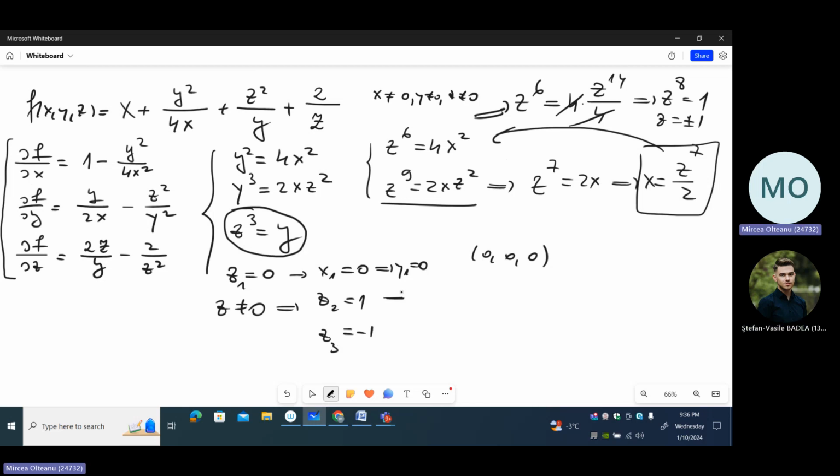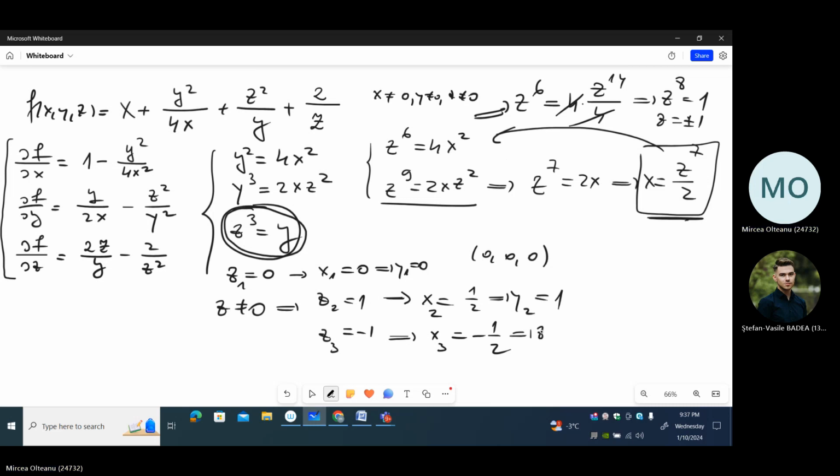Consequently, if z is 1, x equals from here 1 over 2, x2. And if z is minus 1, x3 is minus 1 over 2, because here we have z to the 7. And finally, y. So z equals 1, x equals 1 over 2, y is z to the 3, so it is 1, and here y3 is minus 1.